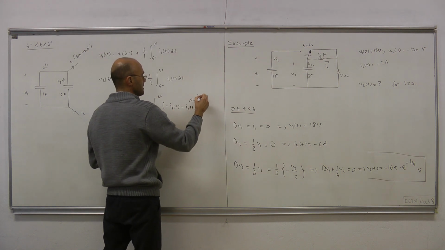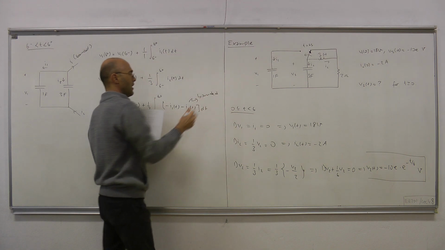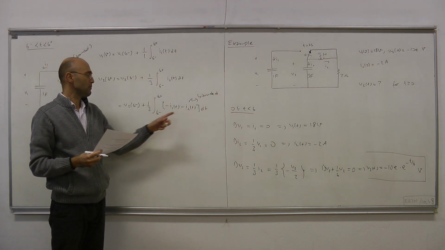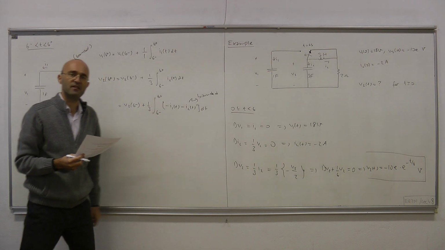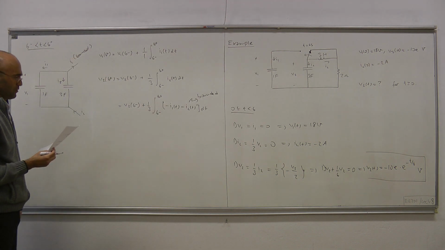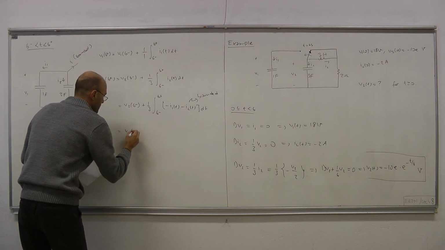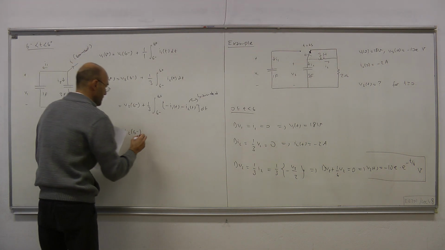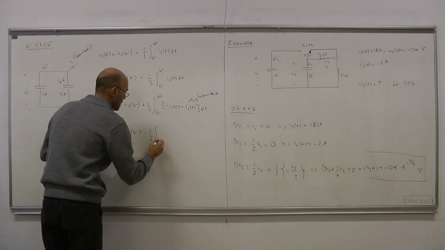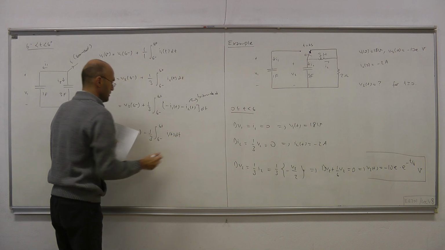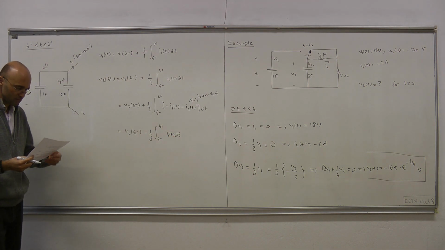And IL(t) is bounded because it's inductor current. And since it's bounded, we can ignore it because integration is through an infinitesimally tiny length of interval. So we can write V2(6-) minus 1/3 integral of I1(t) dt. Okay.